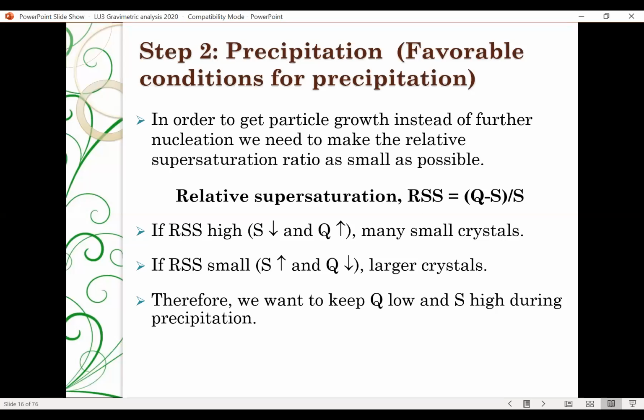Remember, nucleation is a small aggregate of particles, and particle growth means 3D particles attached to the nucleus, with larger size compared to the nuclei. So if RSS is high, many small crystals will form. If RSS is small, we will form larger crystals.